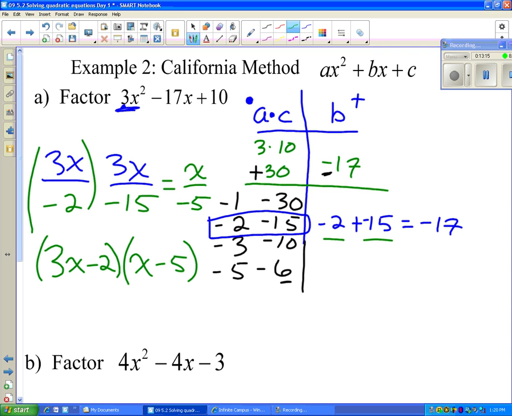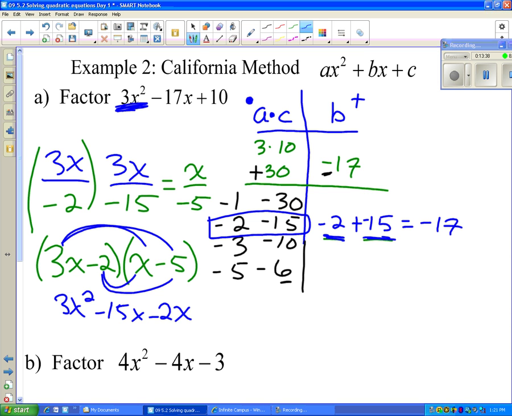Now, why does that work? Well, what that does is it reduces it so that when I FOIL this out now, my first will be a 3x squared, just like I have up here. My outer will be a negative 15x, just like I have over here. My inner will be a negative 2x, just like I have over here.